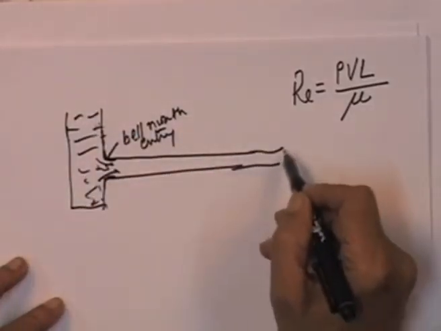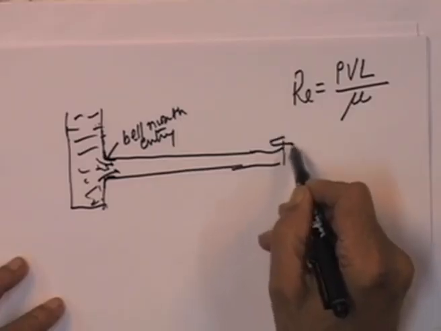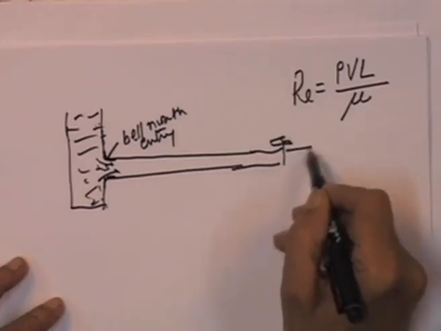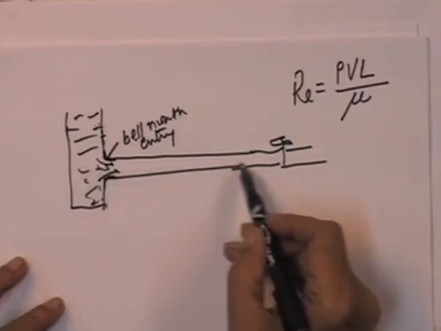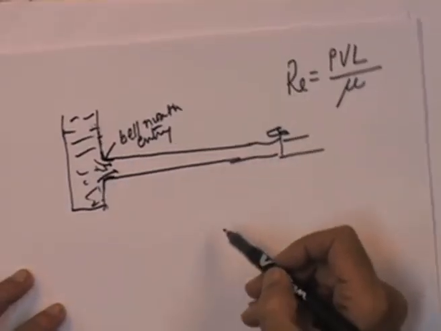At the exit of the pipe, there was a valve. By opening and closing the valve, he could therefore control the rate of flow through this tube.